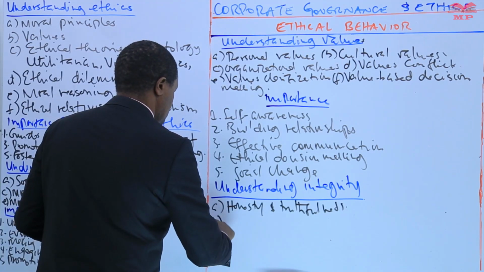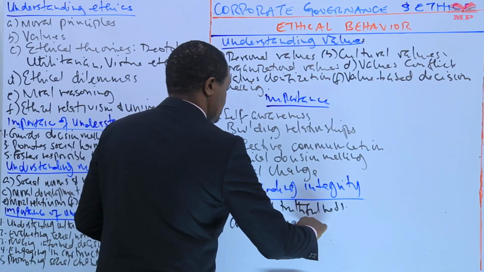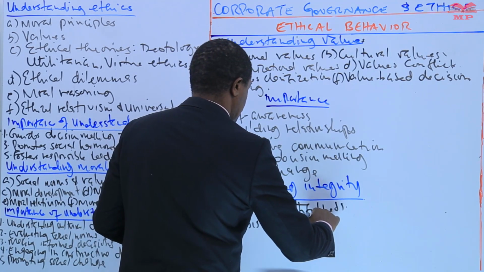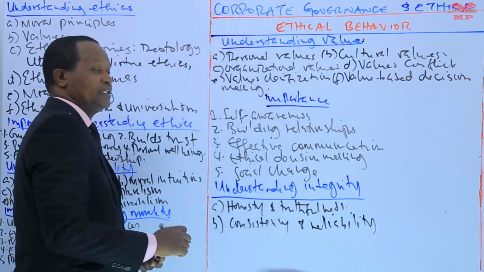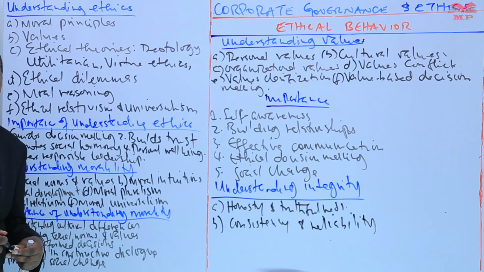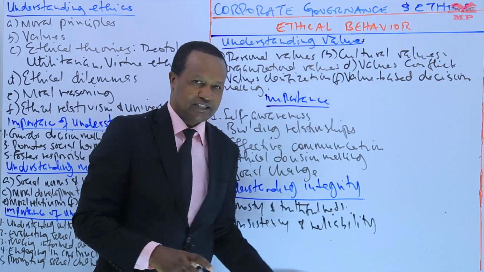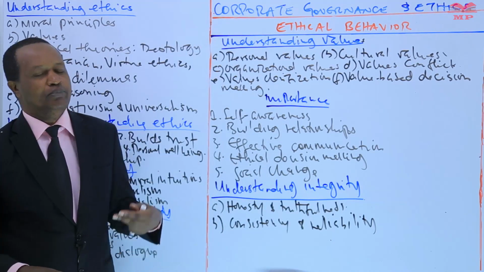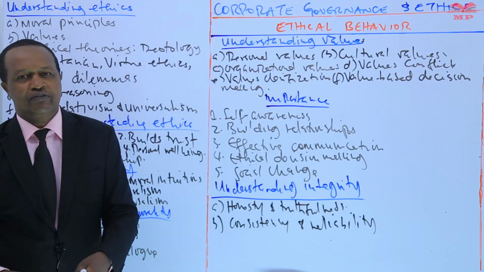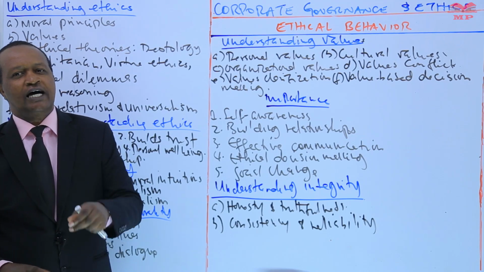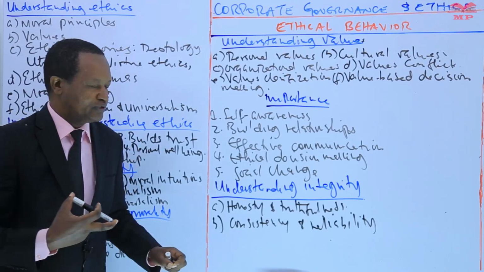Two, consistency and reliability. People with integrity are consistent with their actions and behaviors, aligning their choices with their values and principles.